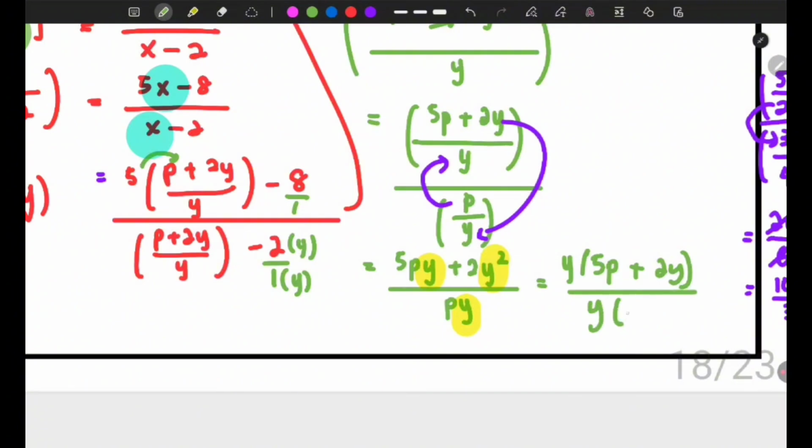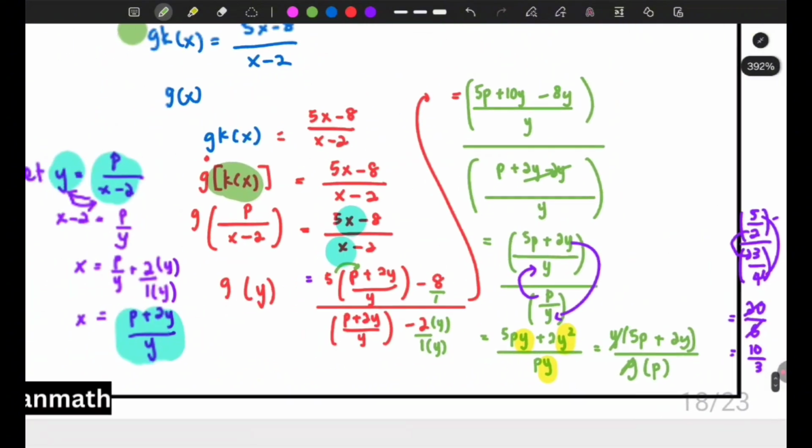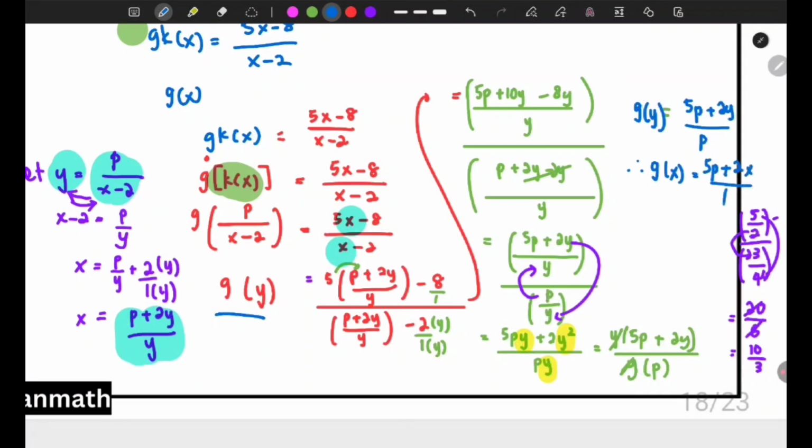I put it here over p, and I cut y divided by y, nothing, just cut. You simplify already, and here you go. My simplest answer is 5p plus 2y over p, and this is my gy, and then you can change to gx. 5p plus 2x over p.